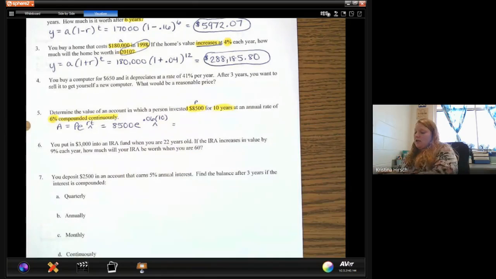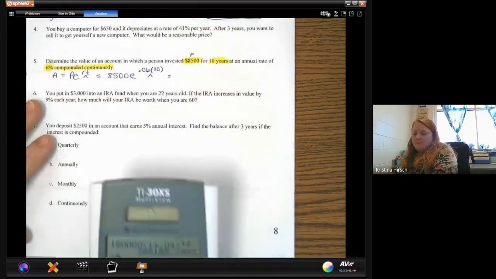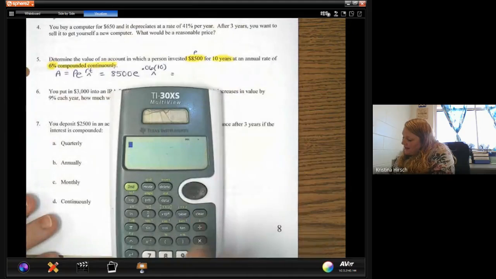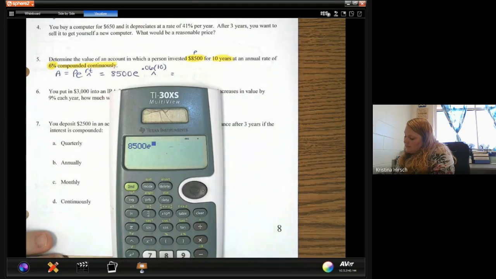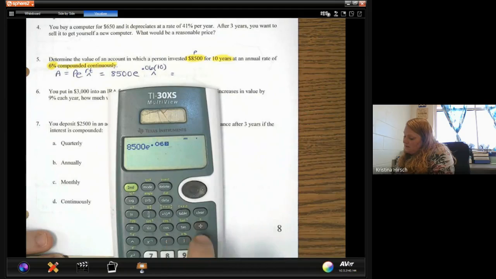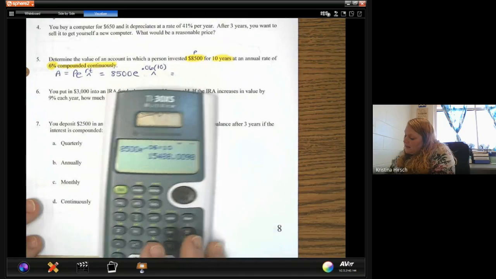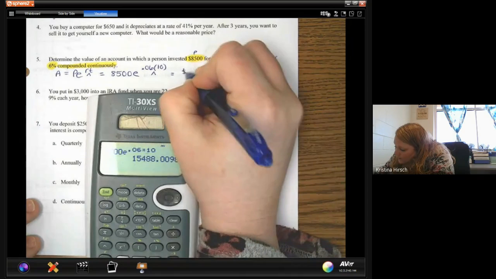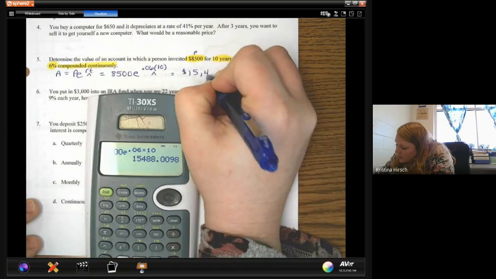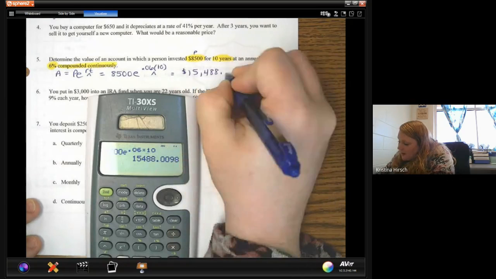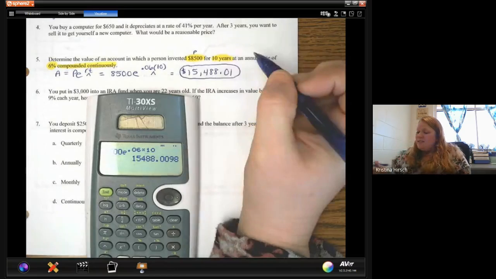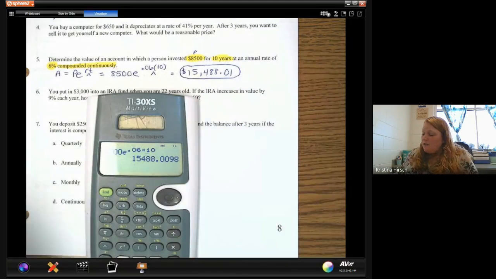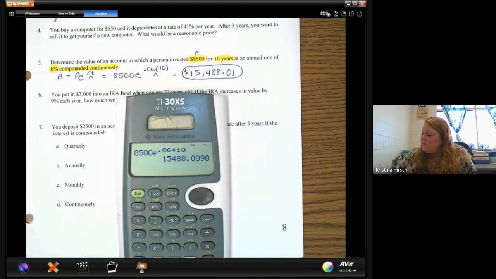So in your calculator, I'm going to have 8,500 second ln to get E, 0.06 times 10. And it would be $15,488.01 if I rounded. All right, so that would be a really good investment. Again, 6% is honestly not a realistic interest rate, but it gives you an idea at least.